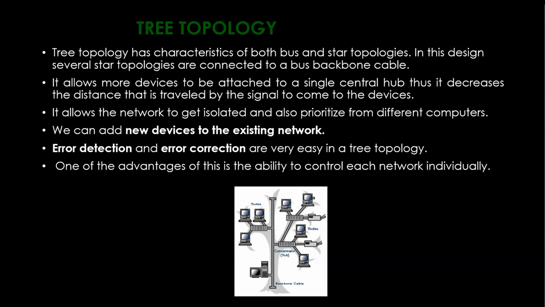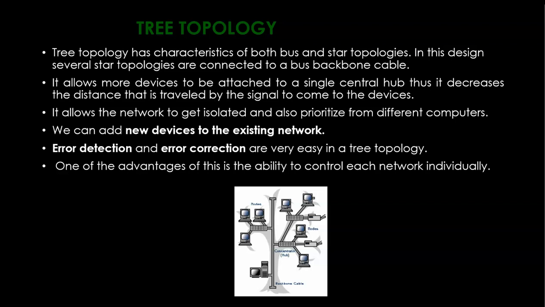Tree topology. Tree topology has characteristics of both bus and star topologies. In this design, several star topologies are connected to a bus backbone cable. It allows more devices to be attached to a single central hub. Thus, it decreases the distance that is traveled by the signal to reach the devices.